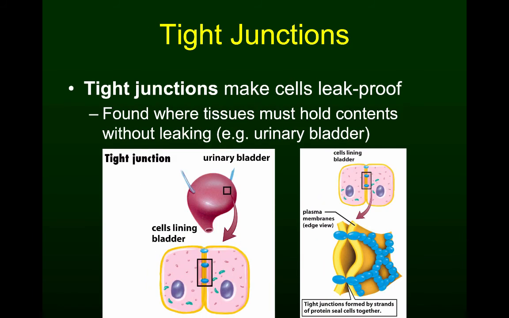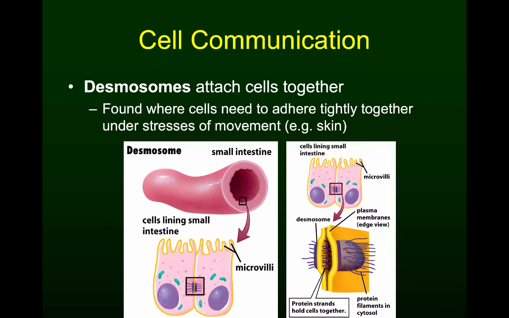Second type of connection is called a tight junction. This is a relatively straightforward one. This is going to be found in parts of the body where waterproofing is necessary. So places where you want to make leak-proof connections between the cells would tend to have tight junctions. The cells in this case are pressed together with proteins, as opposed to the case of the desmosomes. In that case, the proteins actually go from the cytoskeleton of this cell through its membrane into the extracellular environment, and then into more desmosomes in the next cell, which then connect to that next cell's cytoskeleton.